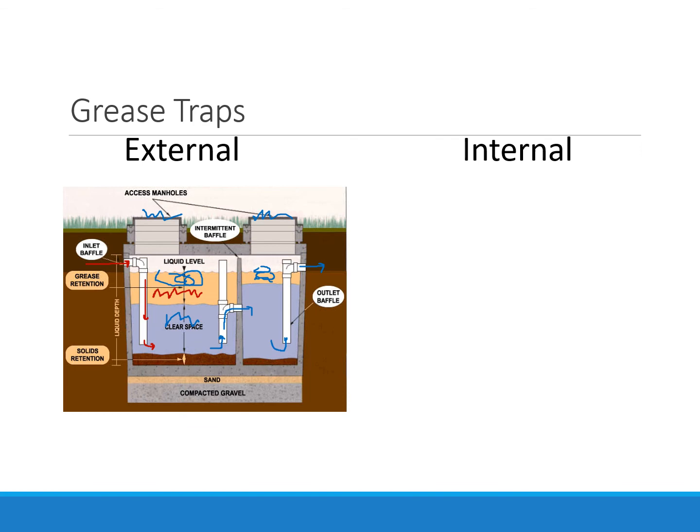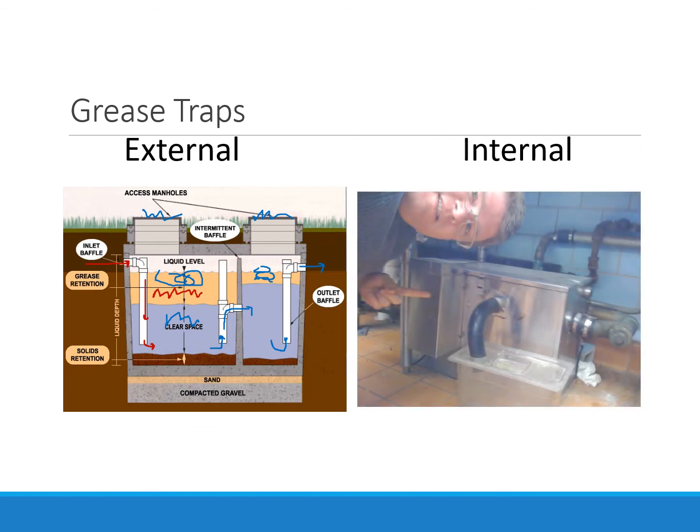So this is a big external one like in the parking lot. This is an internal one. So let's say you have a facility and it hasn't always been a kitchen. It was built for some other purpose, and you can't have an external grease trap. You can have these internal ones, which is what this is right here, that mount under a sink.